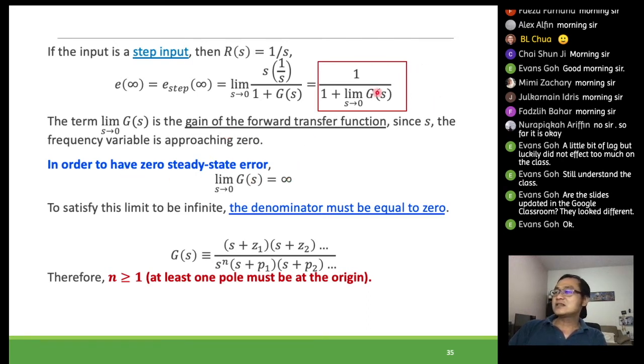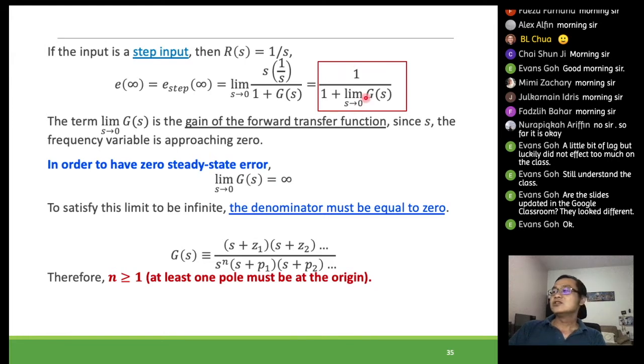Because of this construction, if we desire a zero steady state error, then we want this to become as big as possible, so that this whole term becomes 0.